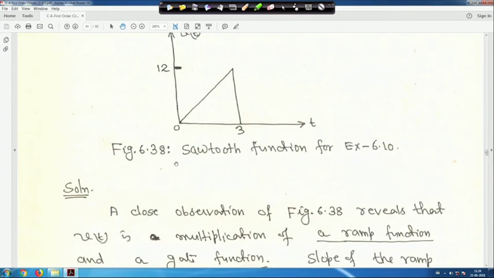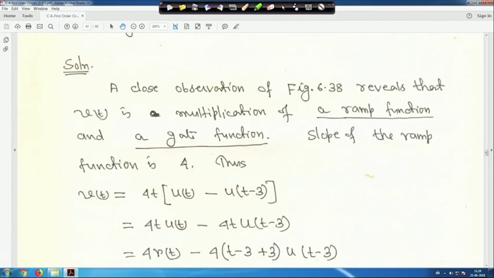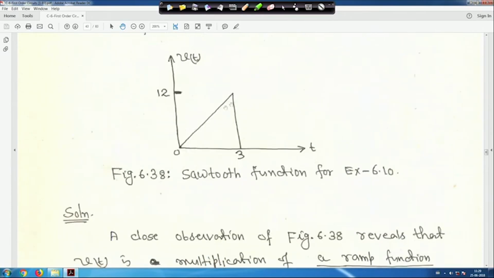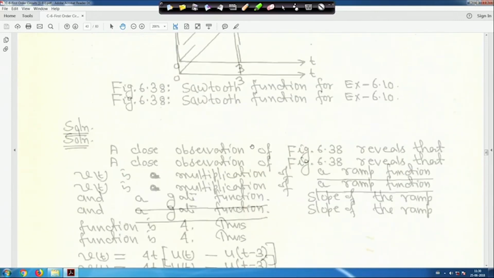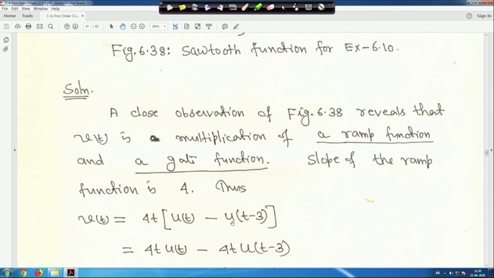It is basically a straight line passing through the origin, so the equation of this straight line is v(t) equal to 4t. Then at this point it switches off, so 4t u(t) minus 4t u(t minus 3), right.